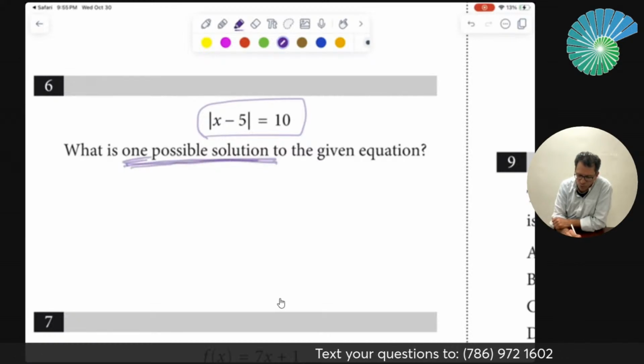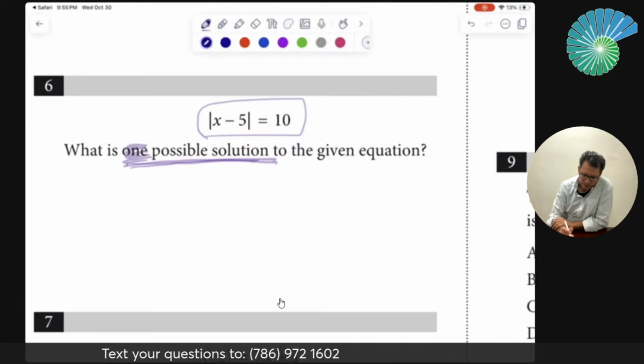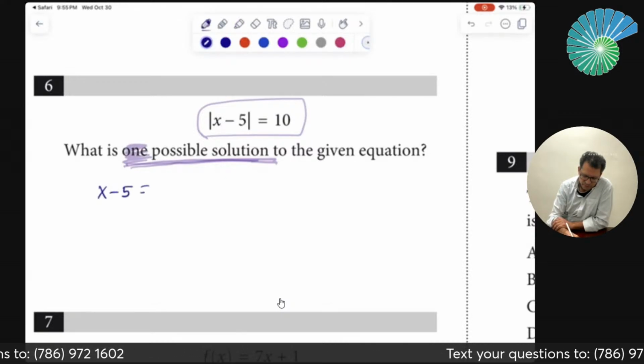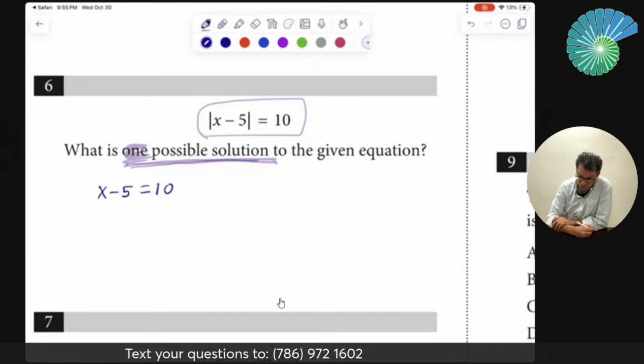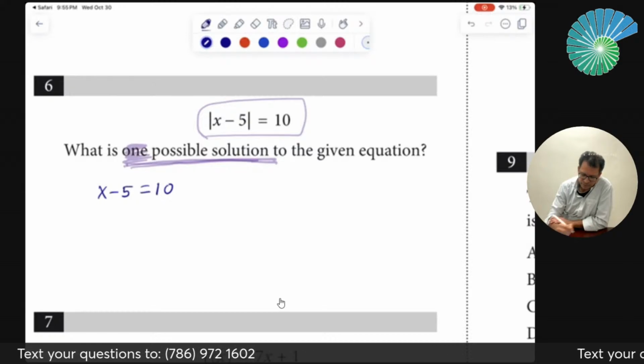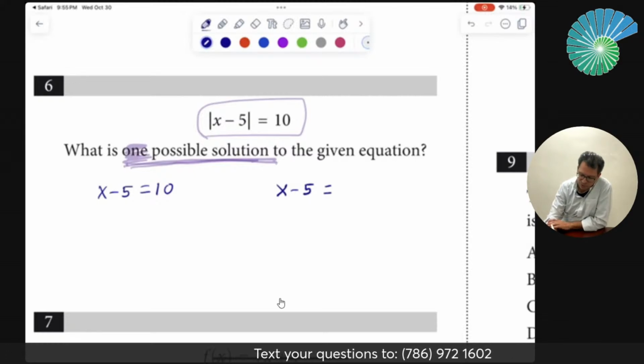It says, what is one possible solution to the given equation? I will form the two possible equations to solve when you have an absolute value equation.